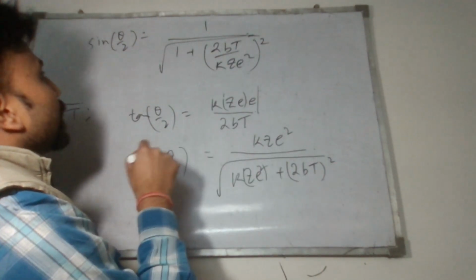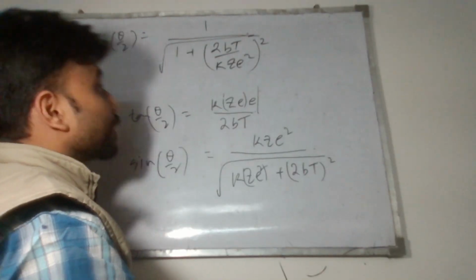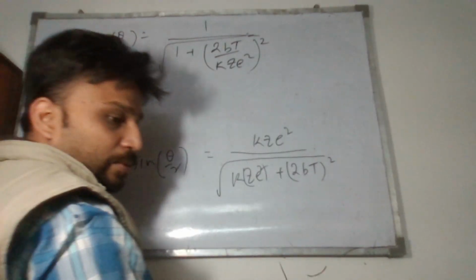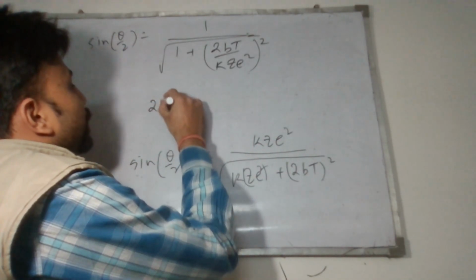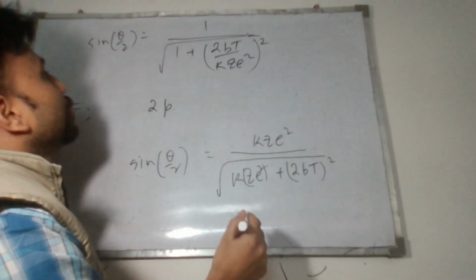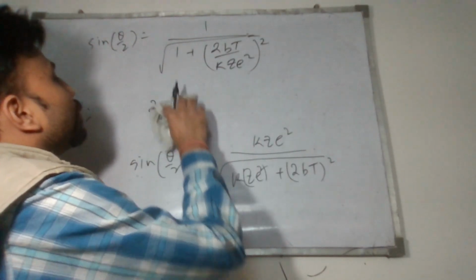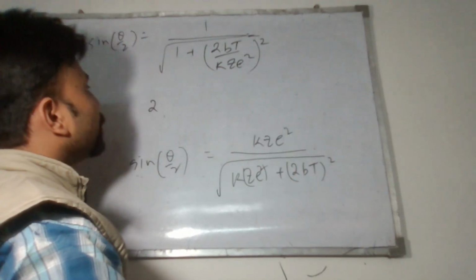If you put the value of sin theta by 2 in the magnitude of change in momentum, that is 2P sin theta by 2, then instead of P, we have to write root 2mT.